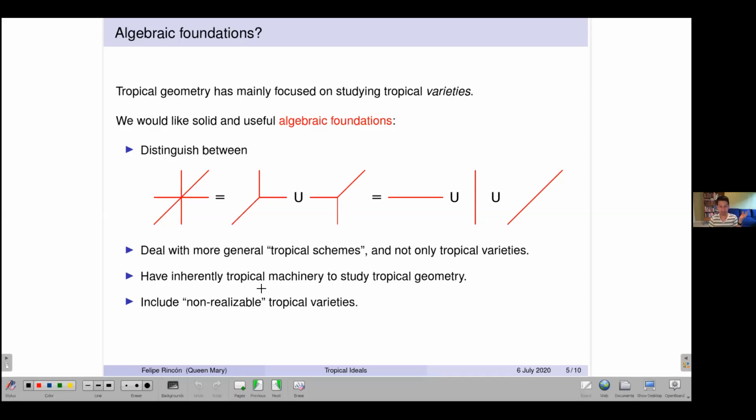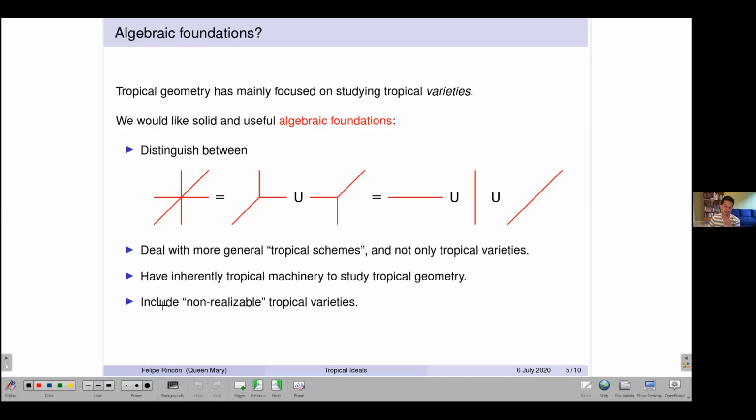It would be nice to have some algebraic tools that were purely tropical, and we could talk about tropical varieties and tropical ideals without having to always make reference to some classical object that we start with. Okay, so that's also another hope that these algebraic foundations try to fix.